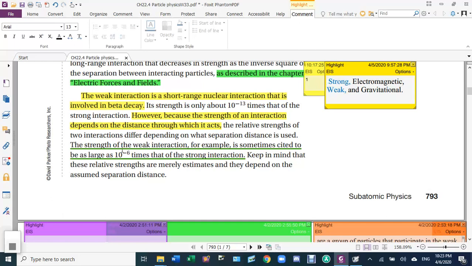The relative strengths of two interactions differ depending on what separation distance is used. For example, the weak interaction is sometimes set to be as large as 10 power minus 6 times that of the strong interaction. Keep in mind that these relative strengths are merely estimates and they depend on the assumed separation distance.